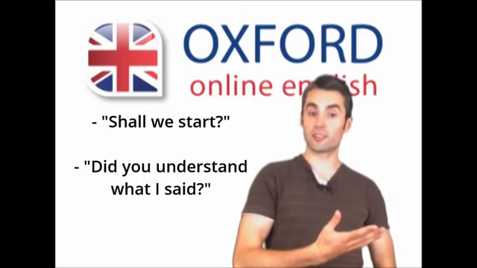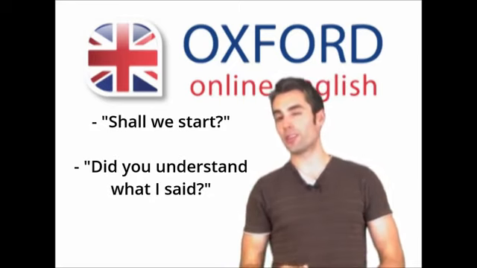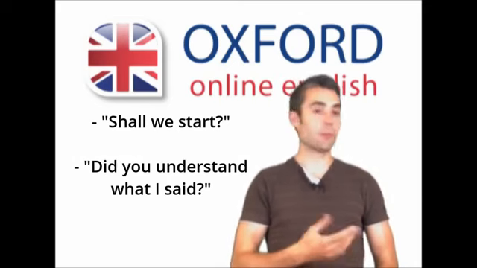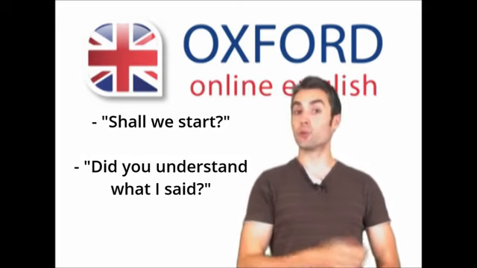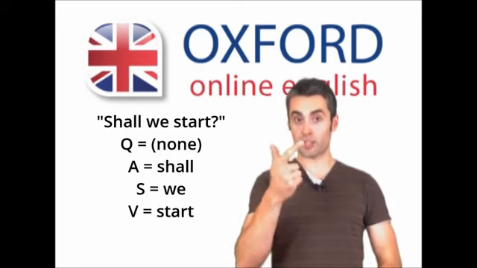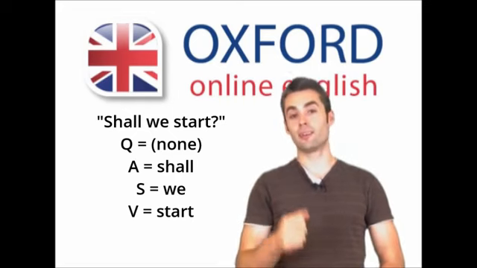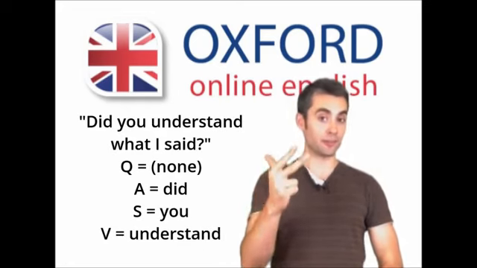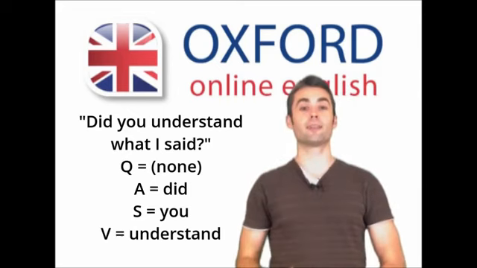Shall we start? Did you understand what I said? There's no question word in these questions, but QASV still works. Shall, auxiliary, we, subject, start, verb. Did, auxiliary, you, subject, understand, verb, what I said.